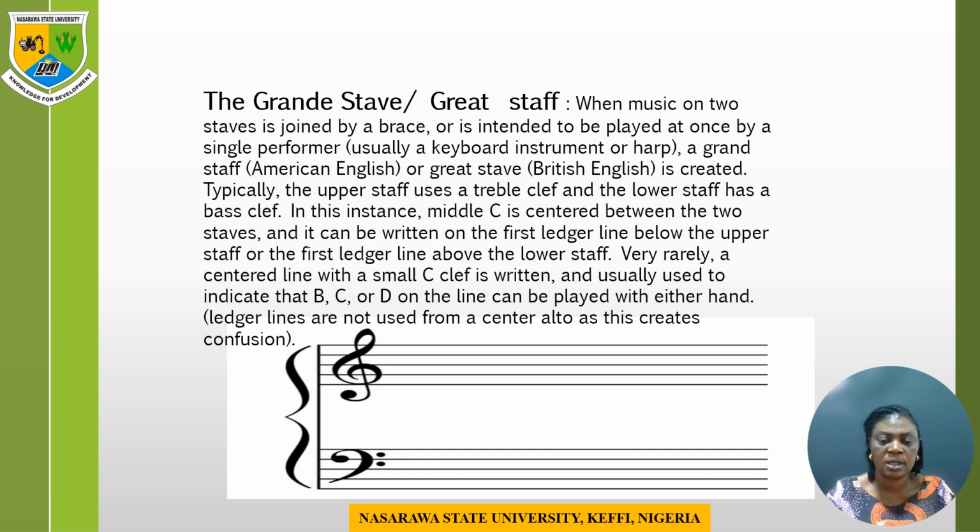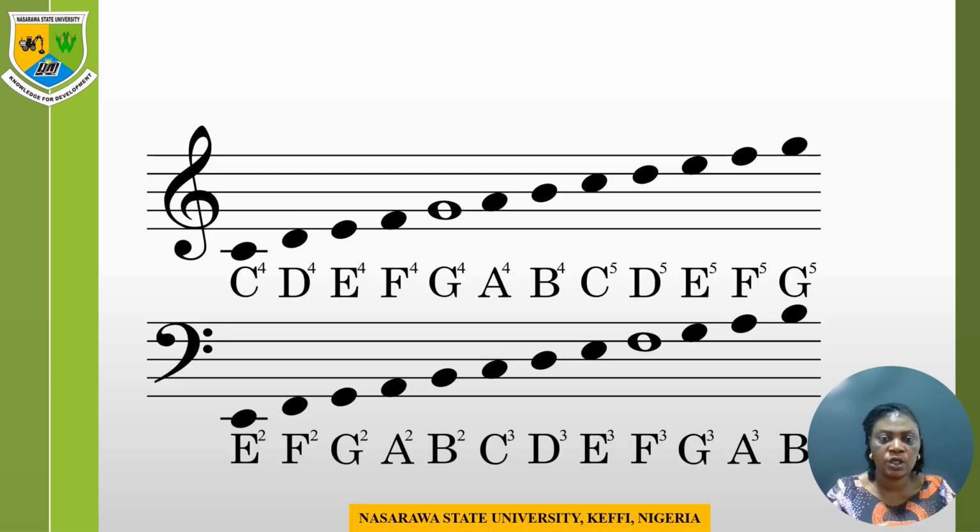That is, you write a C, then use a line to draw across the letter. So this is the grand stave, and the next slide shows us the grand stave with notes on them. We have the treble and the bass clef on them.